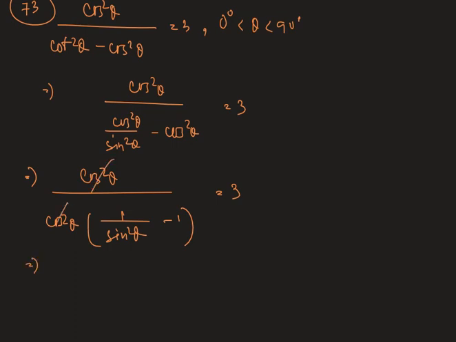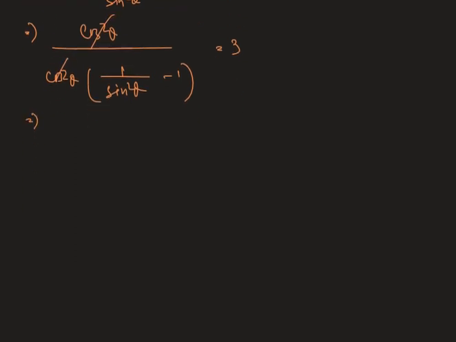Hence cos square theta cancels out. So we get sine square theta divided by (1 minus sine square theta), that means cos square theta, which is equal to 3. Hence tan square theta is equal to 3. Hence tan theta is equal to root 3.